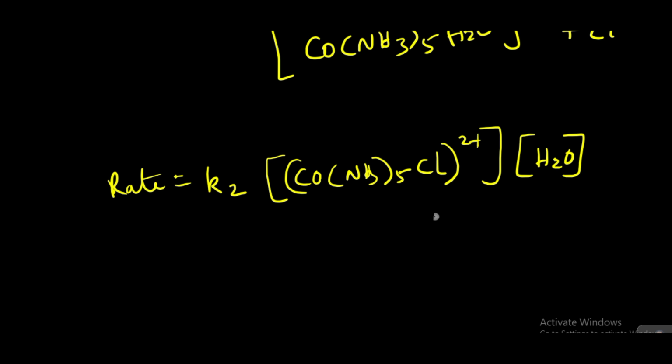Therefore, the expectation that a reaction would occur exclusively either by the SN1 mechanism or by the SN2 mechanism is not realistic. In a reaction, the attachment of Y to the metal, where Y is the nucleophile and M stands for metal, and the release of the ligand from the metal can be simultaneous.